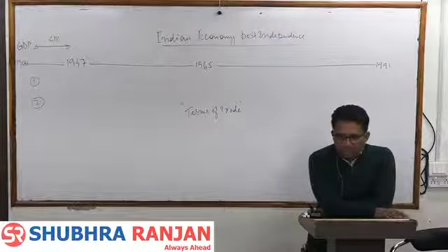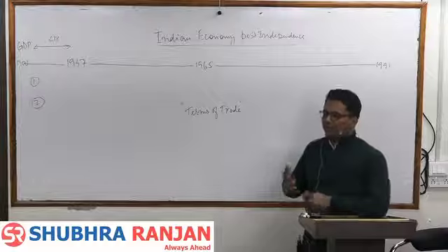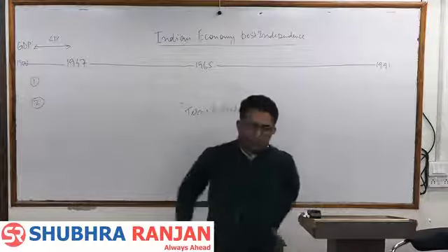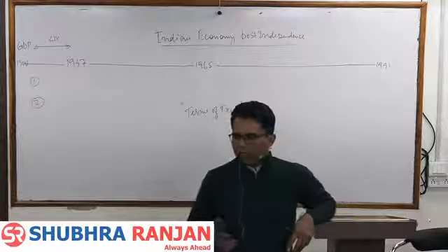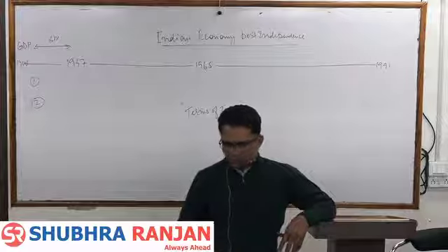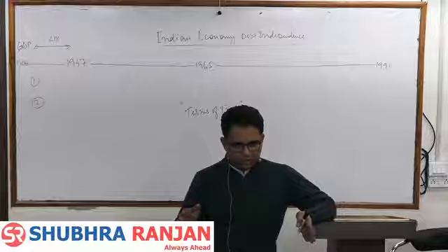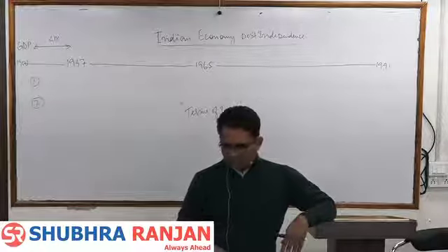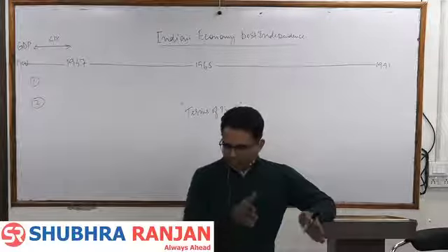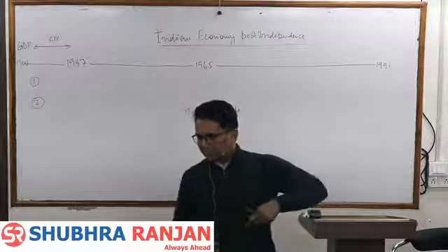ठीक है. Now there is another term called division of labor. Division of labor का मतलब होता है, in an automobile company, suppose a car is being produced. One labor doesn't produce the entire end-to-end process. They have a specific task cut out. One labor does one activity, another labor does another activity.